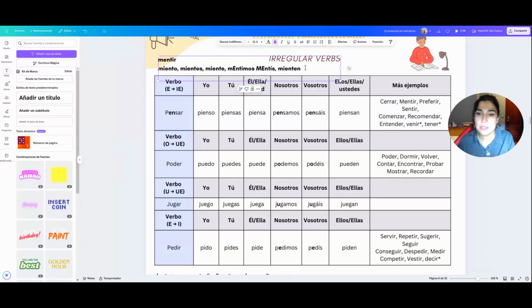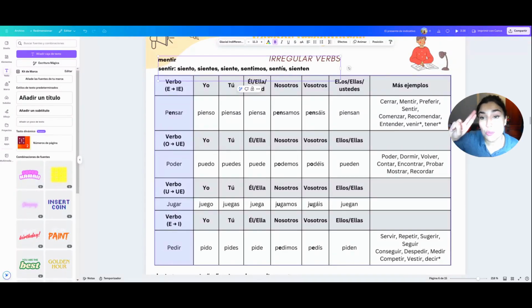Okay. The same, for example, sentir. E equals IE. Siento, tú sientes, él siente, sentimos, which skips the irregular one, sentimos, sentís, sienten. The same with the rest, okay?